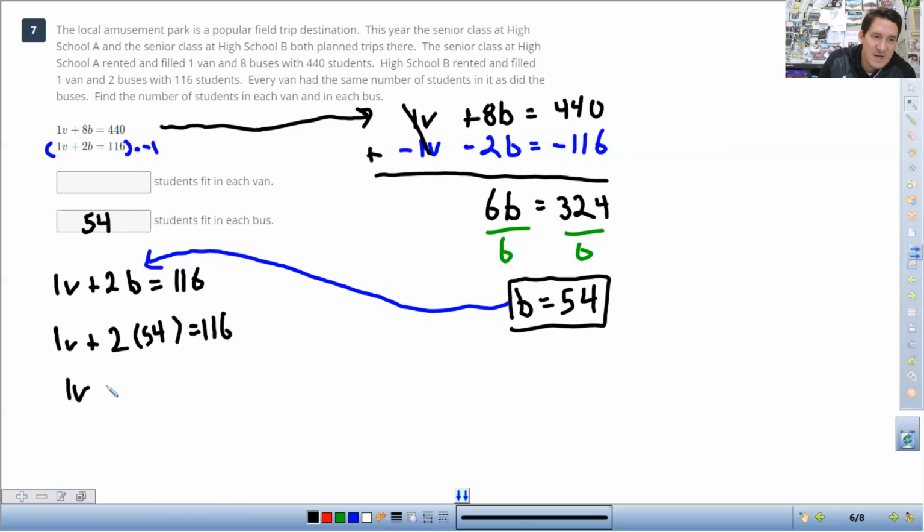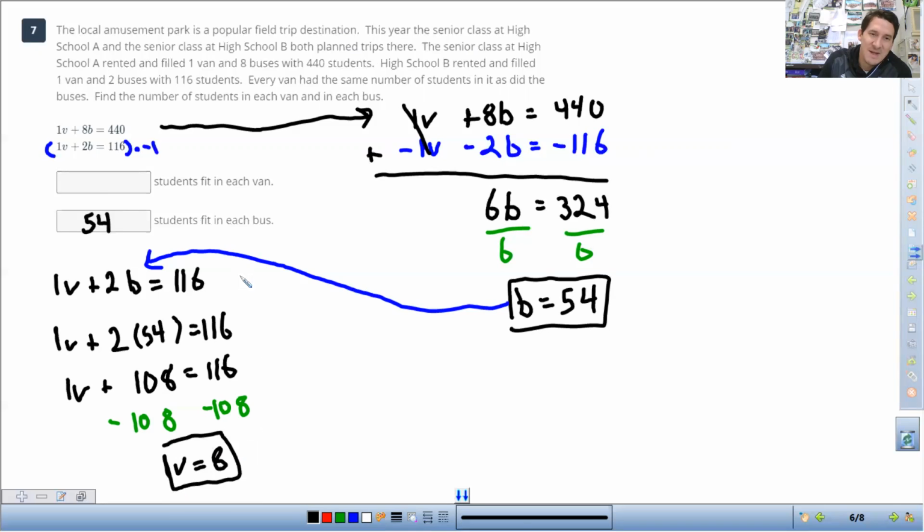So 1V plus 2 times 54, which is 108. Subtract 108 from both sides, and you get 1V is equal to 8. 1V and V are the same thing. So 1V is equal to 8, so that means the vans hold 8 people.